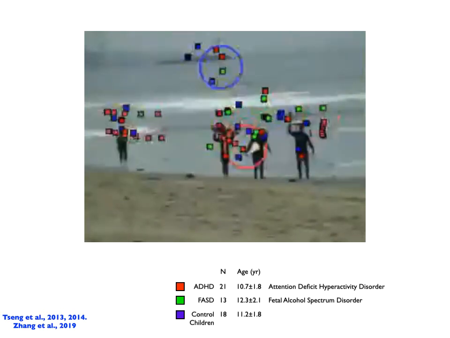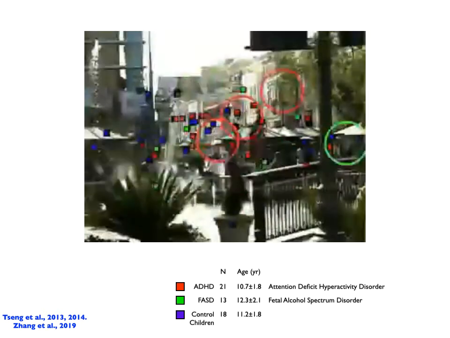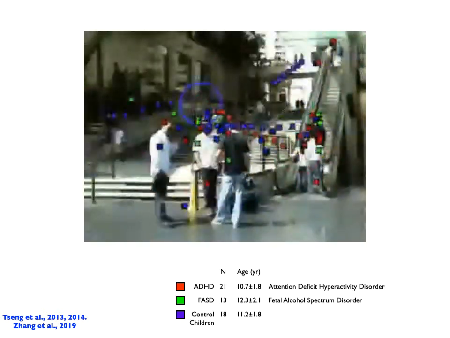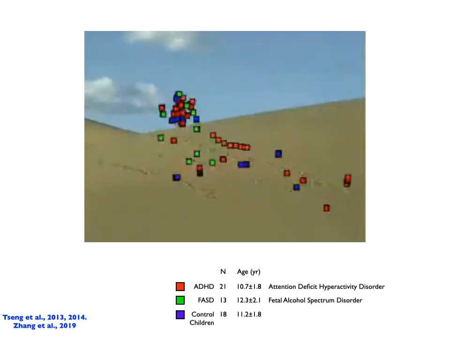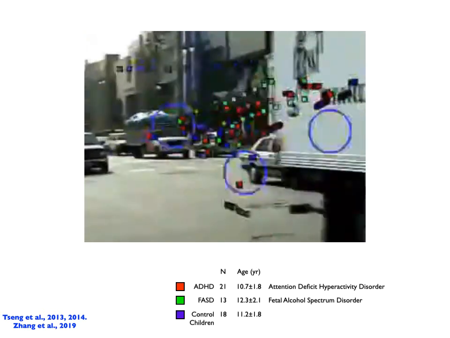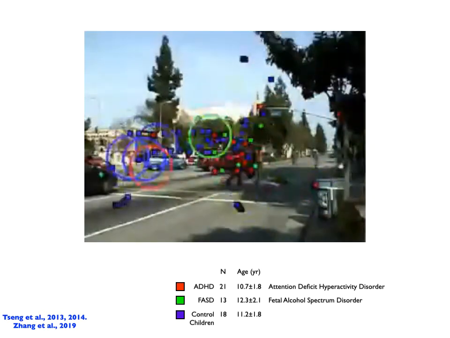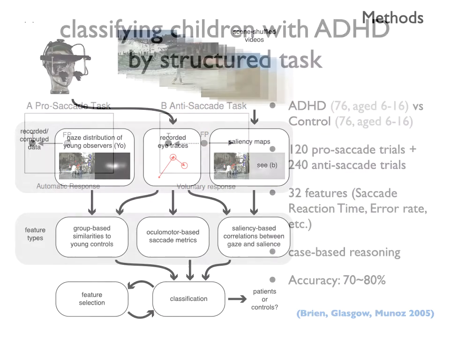ADHD and FASD are very interesting disorders because they are very poorly understood. And right now there is no simple gold standard or simple blood test that you can do to diagnose those. And often they are confused by clinicians, even though the treatment for those 2 diseases should be totally different.